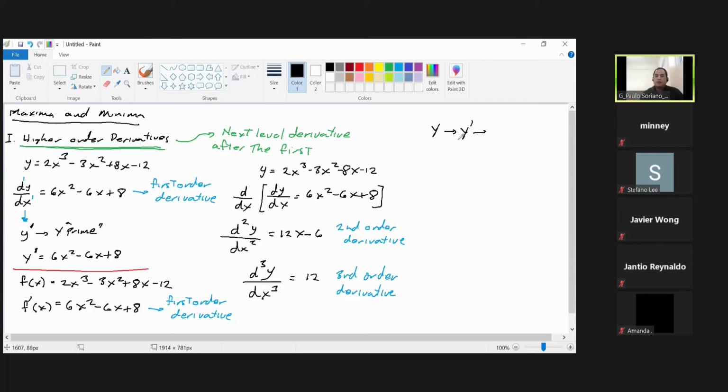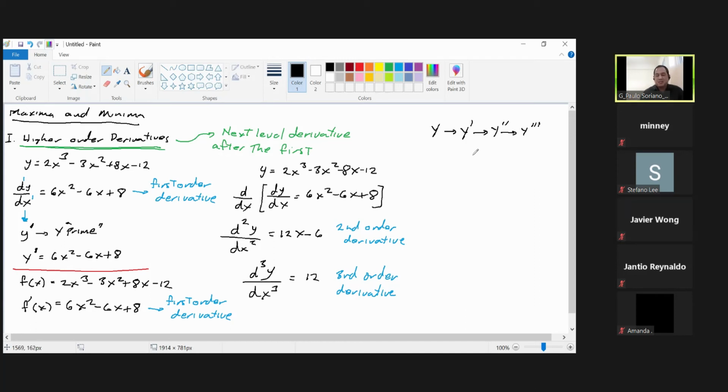This one, first order; second order will be y double prime. Third order is going to be y prime prime prime. Okay, third order. How about fourth order? The fourth order, it's prime, prime, prime, prime.